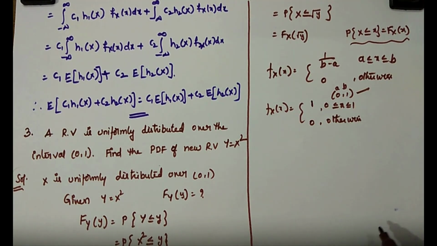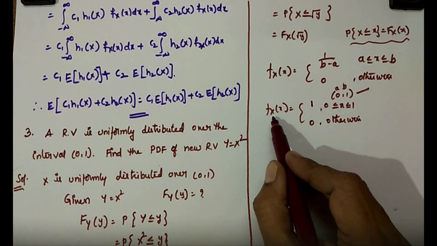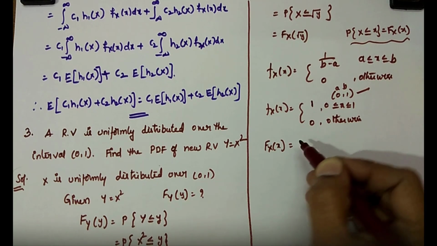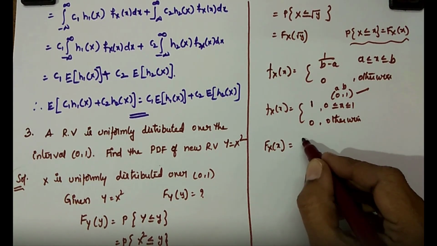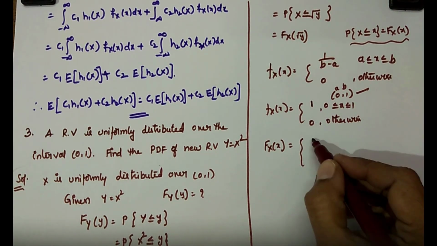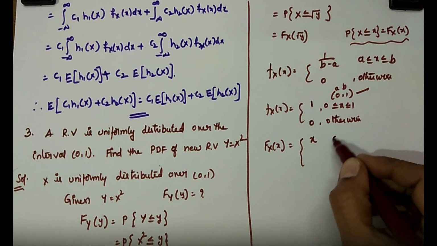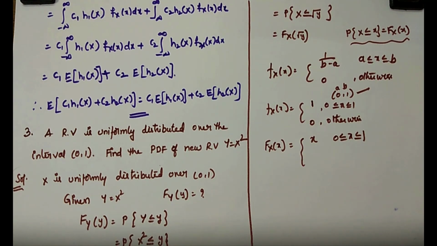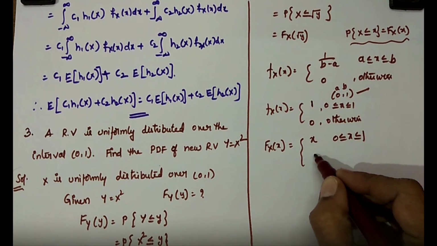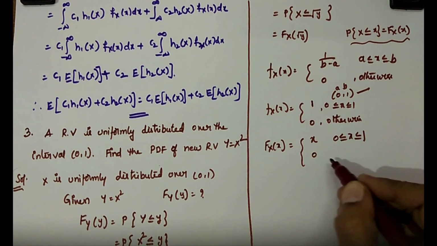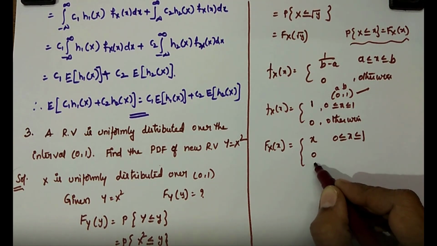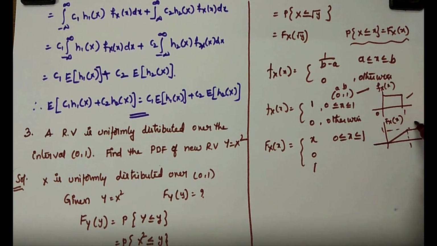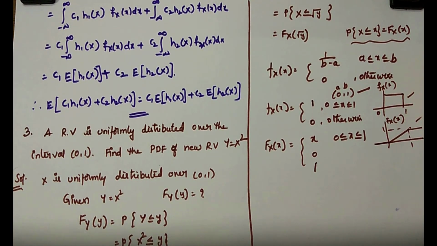For our given range. Okay, so this is probability density function, and we know the probability distribution function is the integration of fx of x. So if you integrate it, you're going to get x between the limits, and for less than 0 we know it is 0, and for greater than 1 it is 1. So see, this is the density function and this is the distribution function. Okay.